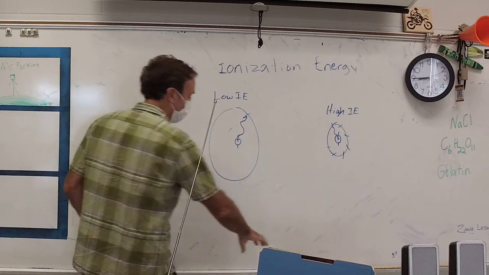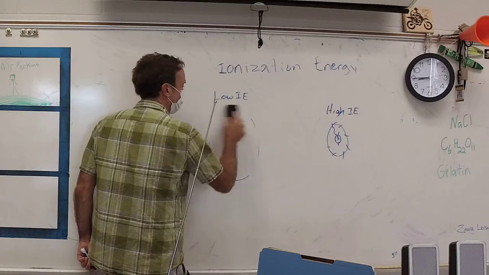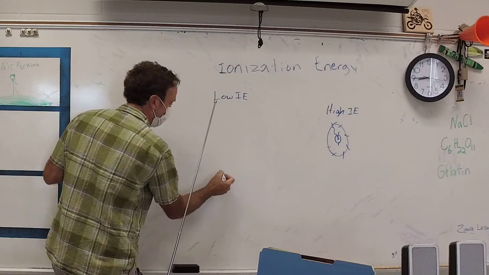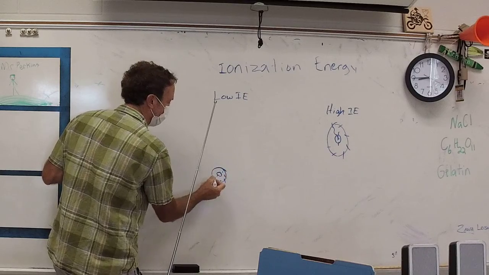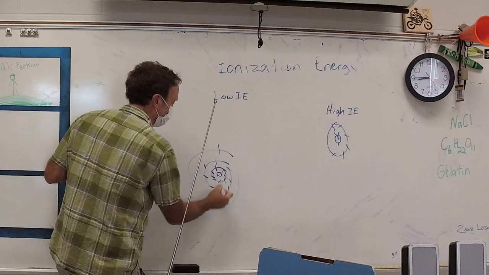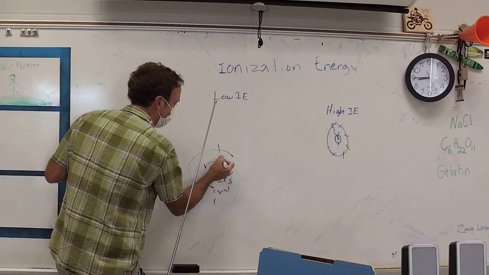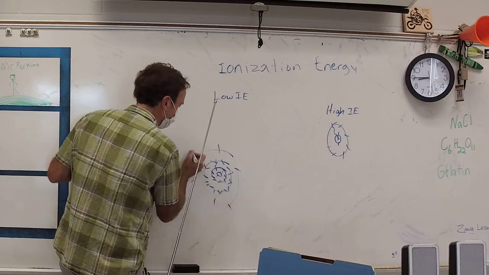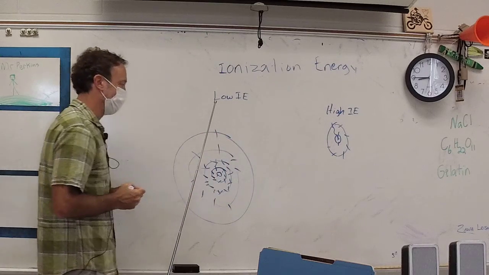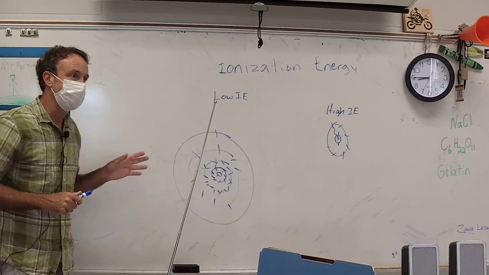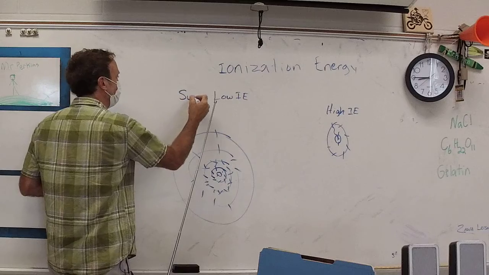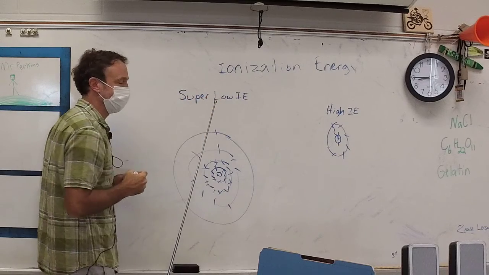Now watch. Let me draw you an atom that would have a really, really low ionization energy, and here it is. Look at that guy right there. This guy would have a very, very super low ionization energy.